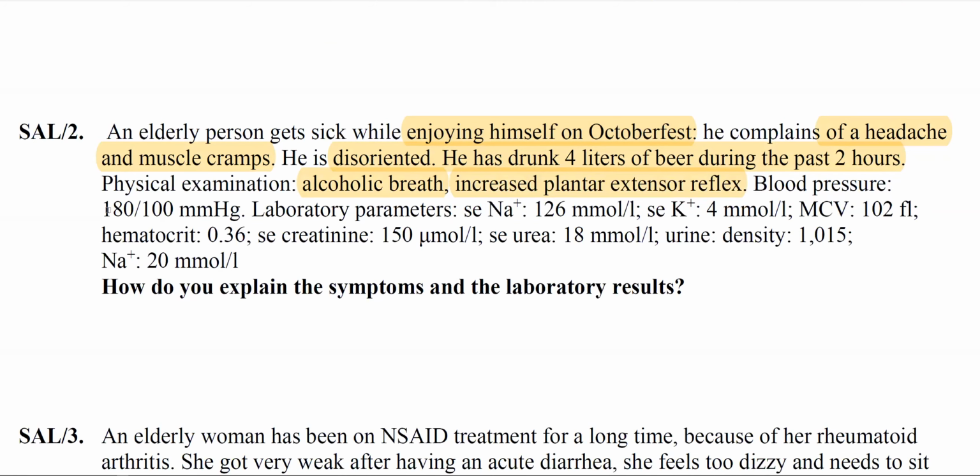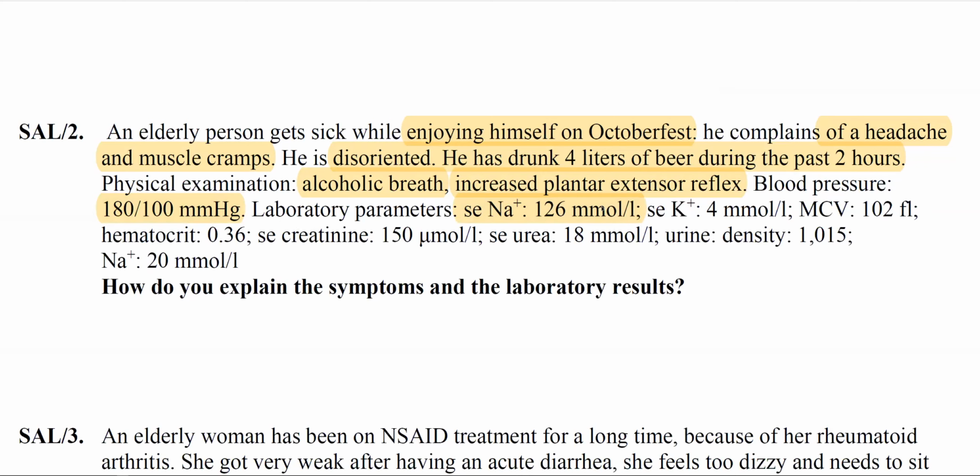Okay, and let's look at the lab parameters. The blood pressure is 180 over 100, so we know this is a bit higher than normal. The sodium level is 126. The normal is 135 to 145, so sodium is lower than it should be.